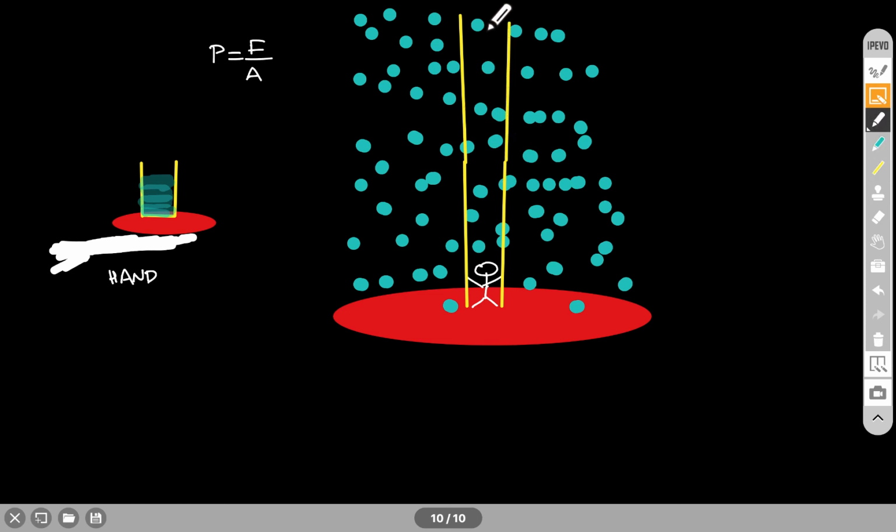This is the reason why everything on the ground, on the surface, we feel this weight of the air as the atmospheric pressure. This is what we feel as atmospheric pressure. This is what we call atmospheric pressure.